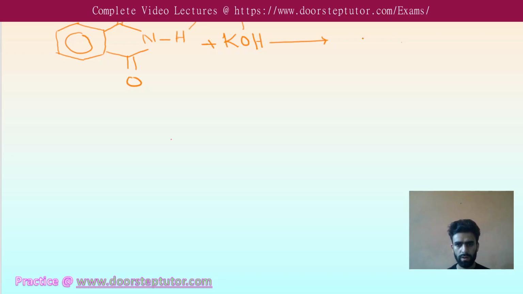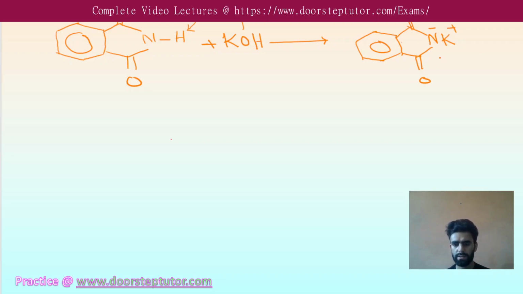When it removes this hydrogen, we get this type of species. Here we have the carbonyl groups, and here we have a negative charge, and this type of species is generated.